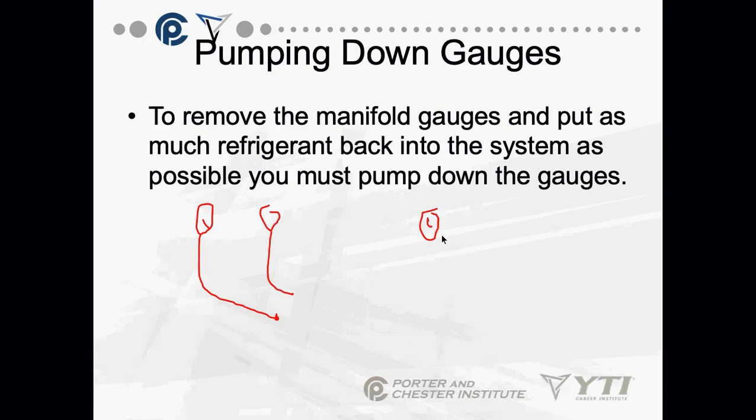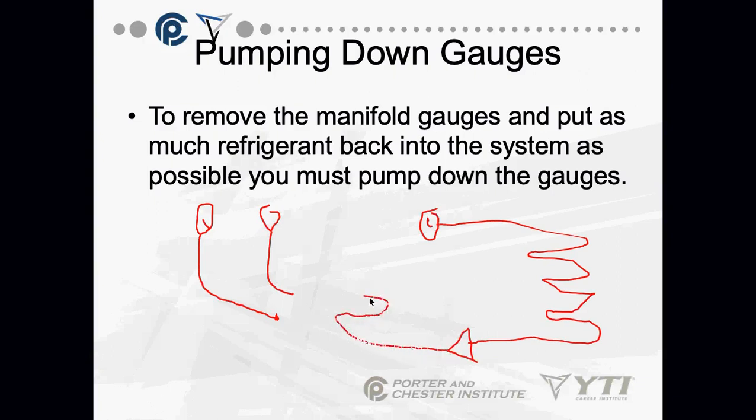Let's just call it C because it's tough to draw with a mouse. We go through my condenser over here, through my metering device, come out of my metering device, go through my evaporator, and I come out of my suction line back to my compressor.